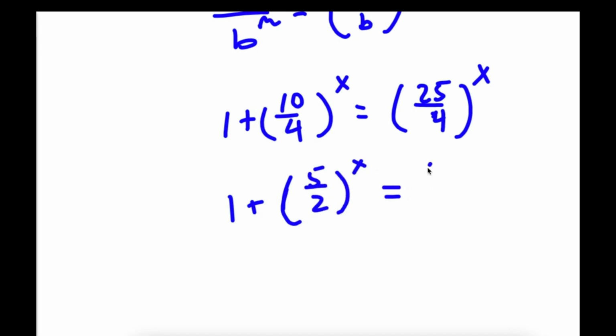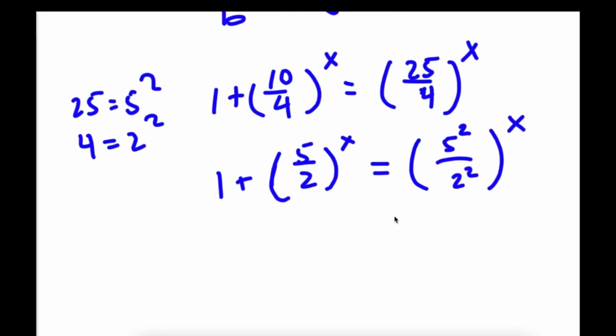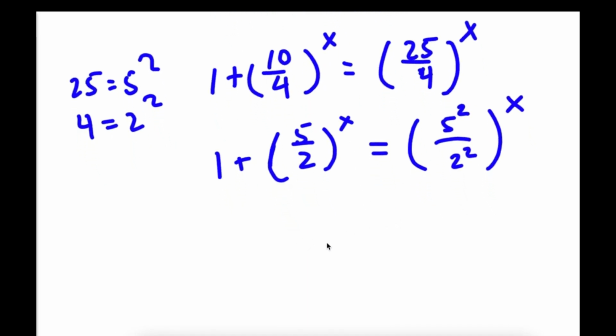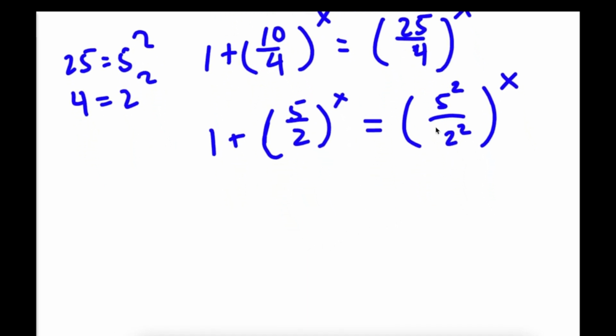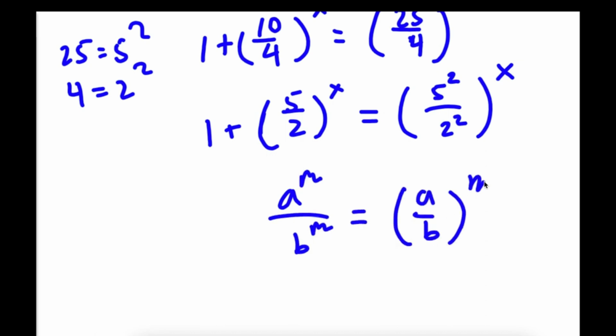And 25 over 4 can be simplified: 25 is 5 squared, and 4 is 2 squared. So I have 5 squared over 2 squared to the power of x. Now remember how I said if I have something in the form a to the power of m over b to the power of m, this is equal to a over b to the power of m.